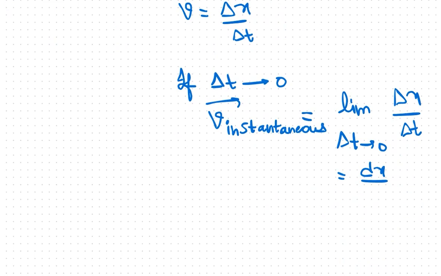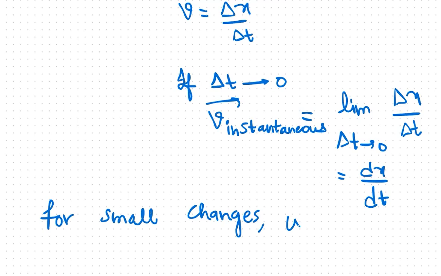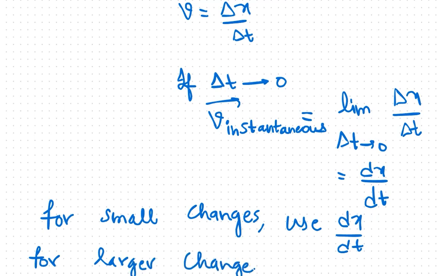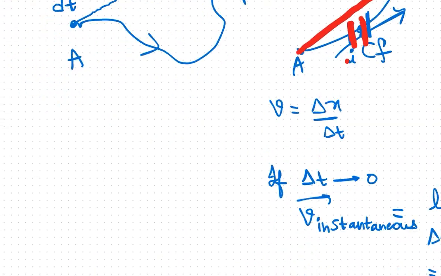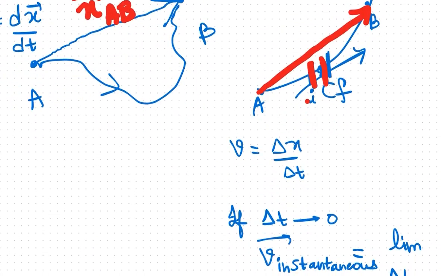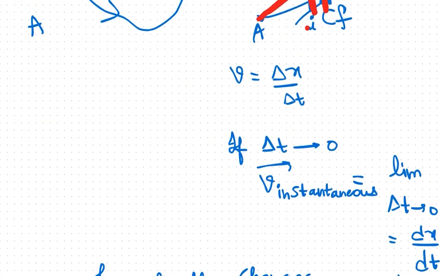For large changes, we use the triangle, delta x upon delta t. So the formulas which you are seeing so far, it's not exactly dx by dt.